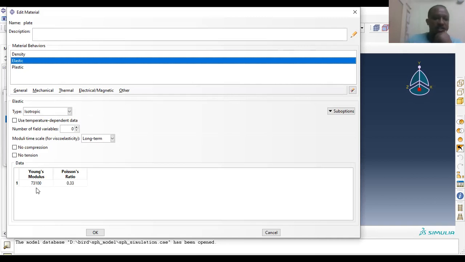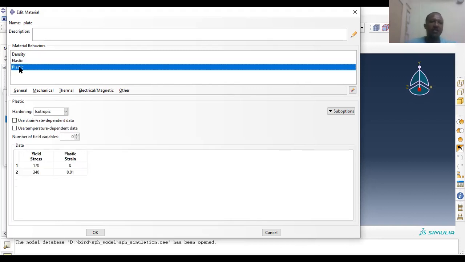That is 73100 megapascal, which means 73.1 gigapascal is considered, and 0.33 Poisson ratio. This is actually in megapascal. Another property is the plastic property of aluminum.